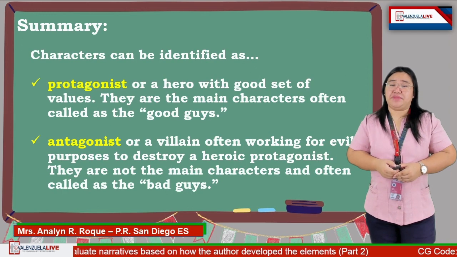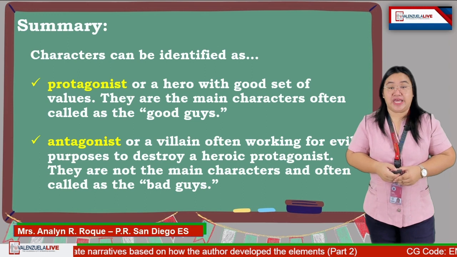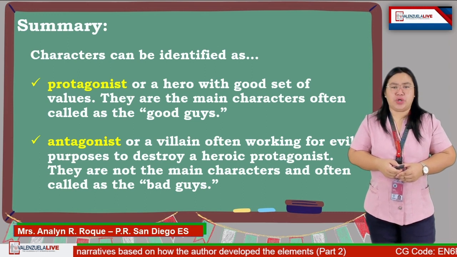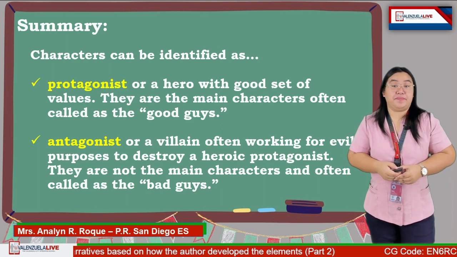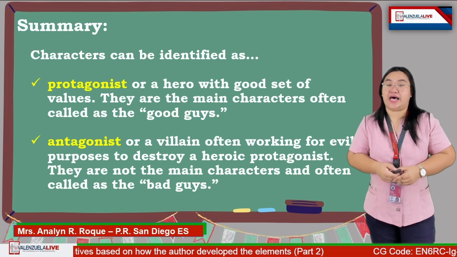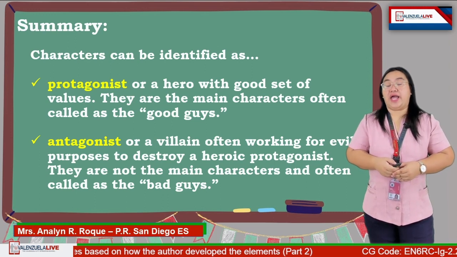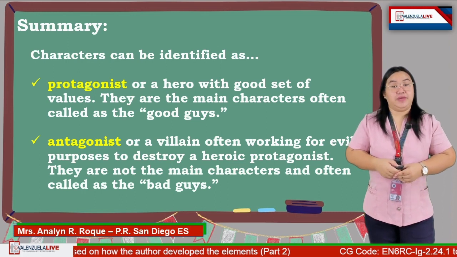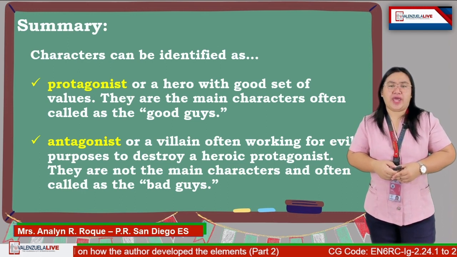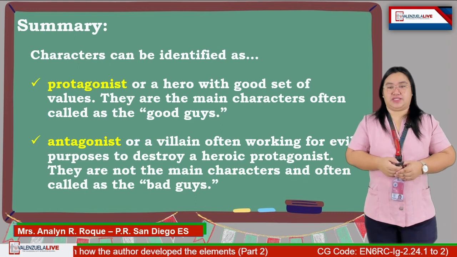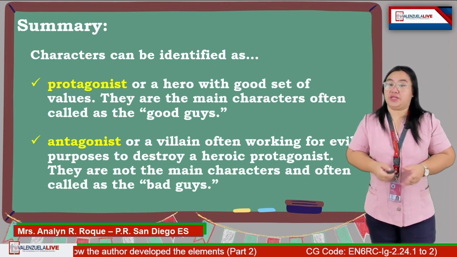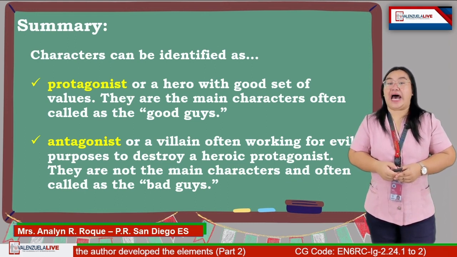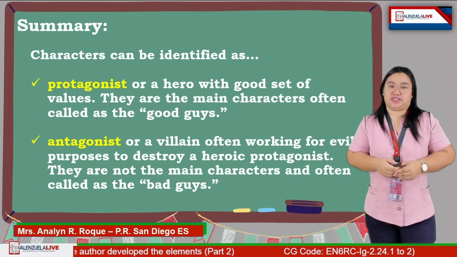Also, characters can be identified as protagonists or a hero with a good set of values. They are the main characters often called the good guys, while antagonists or a villain is often working for evil purposes to destroy a heroic protagonist. They are not the main characters and often called the bad guys.